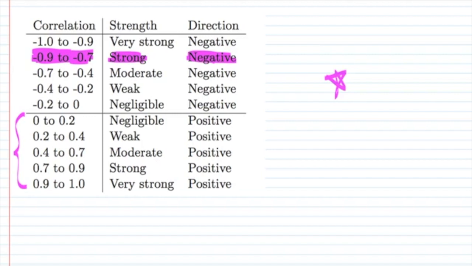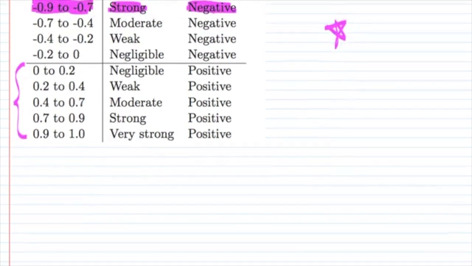Another thing you should know is that these guidelines are from a textbook. The context really matters. There are areas where a correlation of 0.2 means something and is important, and areas where it's really not. So it's context dependent, basically.